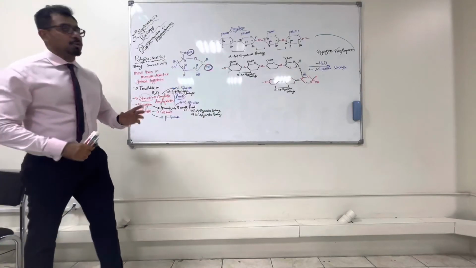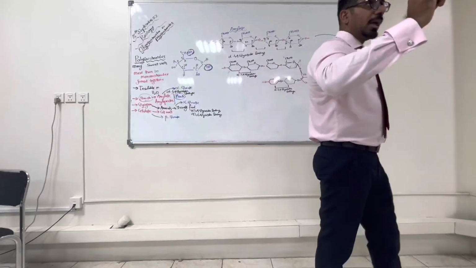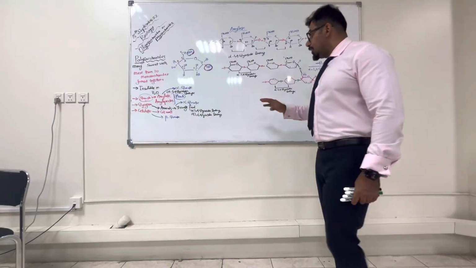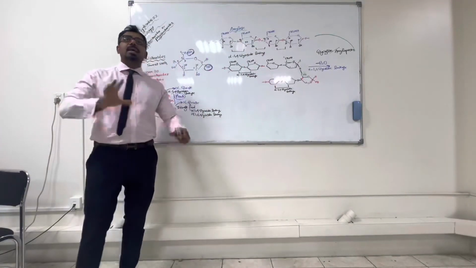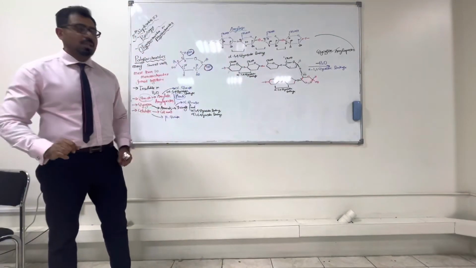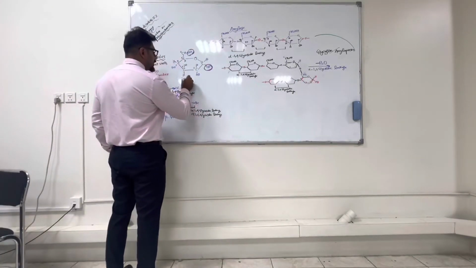Now, I have taught you the structure of beta glucose, if you guys remember. Right? Yes. Now, I will draw the cellulose structure over here and then I will explain in detail, right? But first of all, let me write that this is alpha glucose.